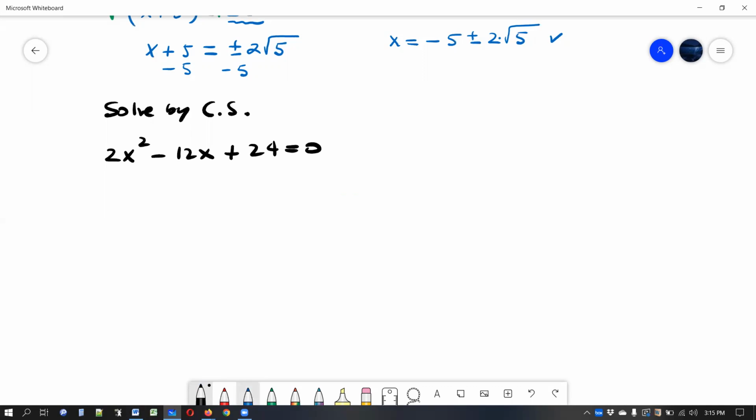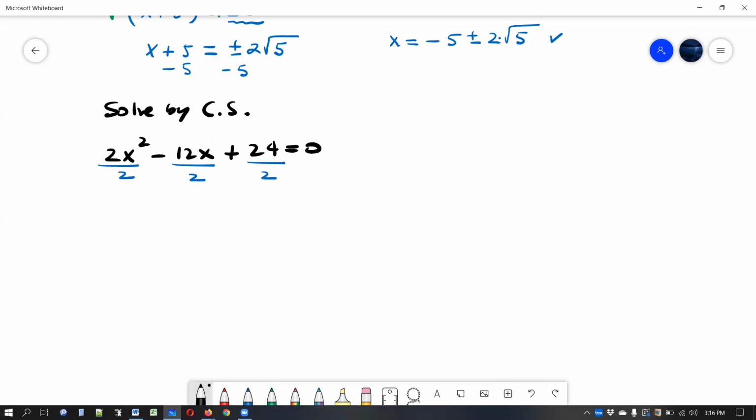So this is a unique case because there is a 2 here, and my procedure requires me to start with a 1. So notice that every single coefficient is divisible by 2. I'm going to divide everything by 2.